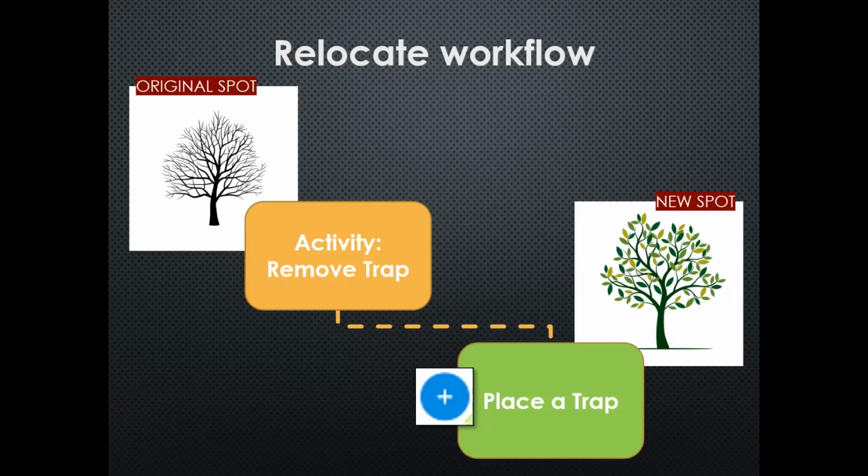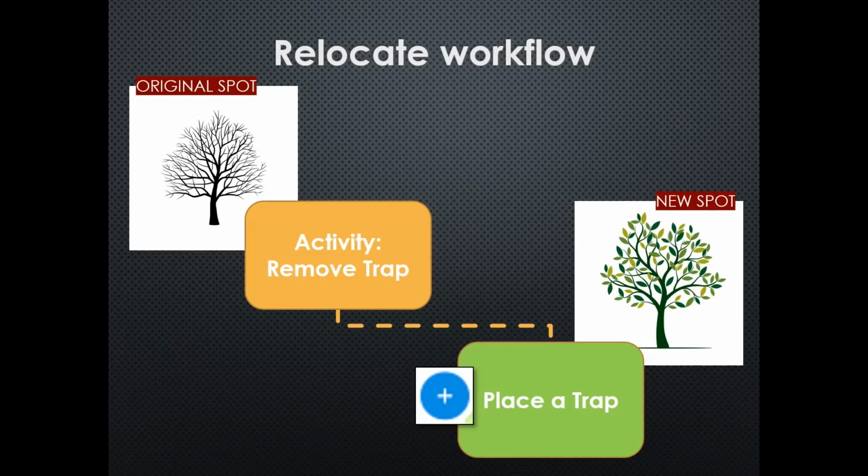Then you go ahead, and I've got a little dotted pathway, walk to the new spot, and start all over by placing the trap, and activities can keep occurring on that spot. So that one sometimes gets us, but just remember to record that remove trap on the original spot, and then it should update itself visually, but you should still see that spot with all of that.